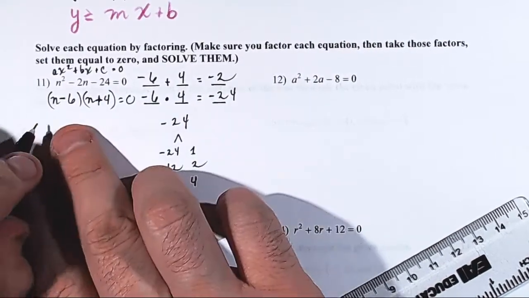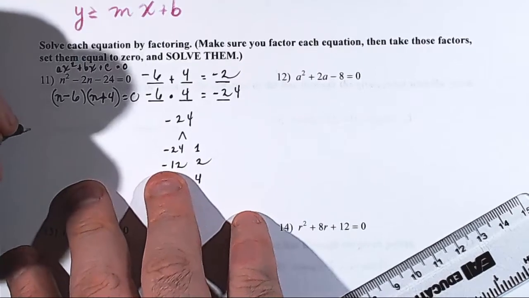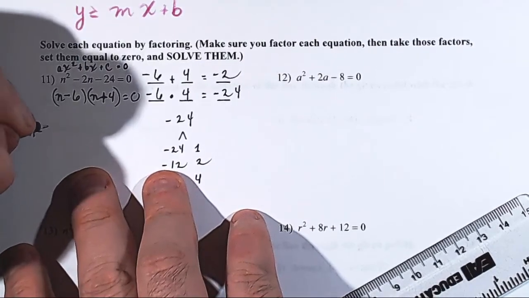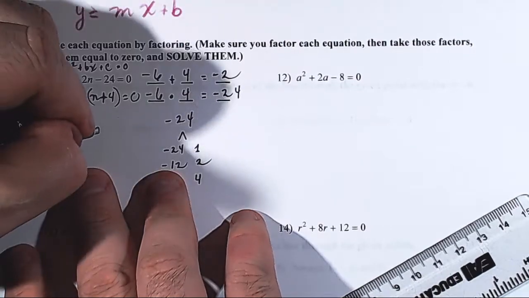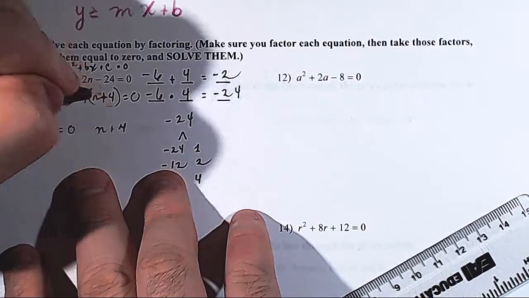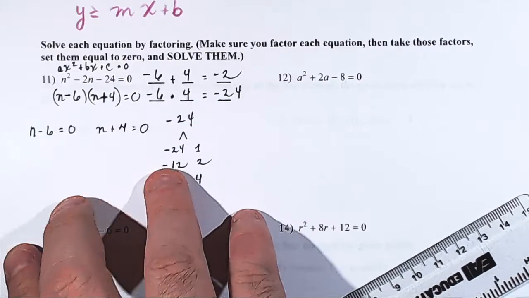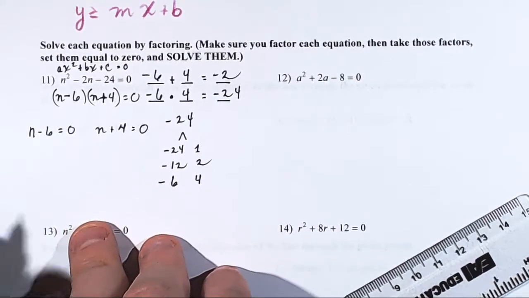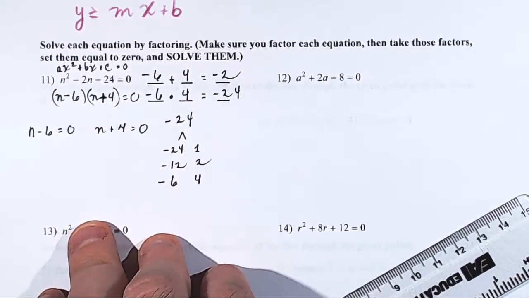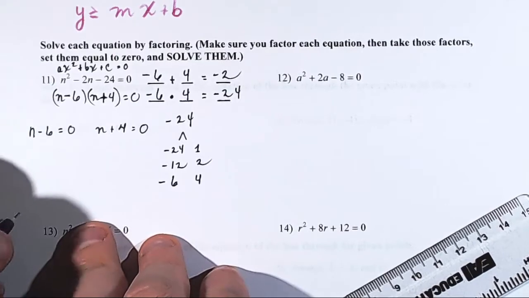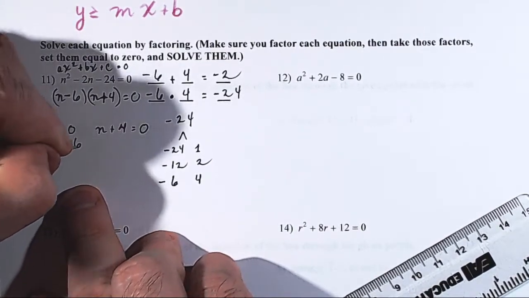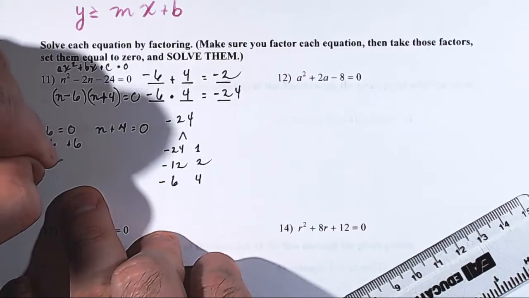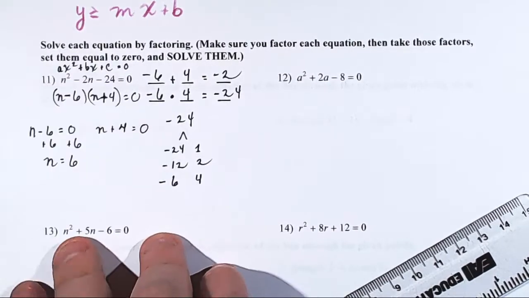So we set each of the factors equal to 0. So I'll have n minus 6 equal to 0 and n plus 4 equal to 0. Now I solve for n on both of these little equations. Just add 6 to both sides here, and I have n equals +6.